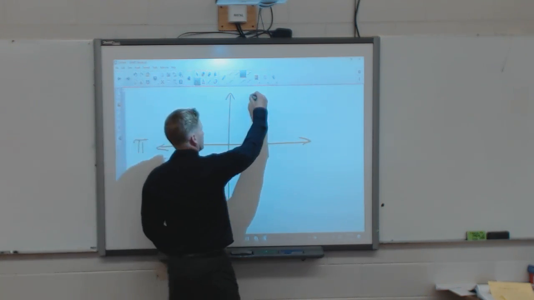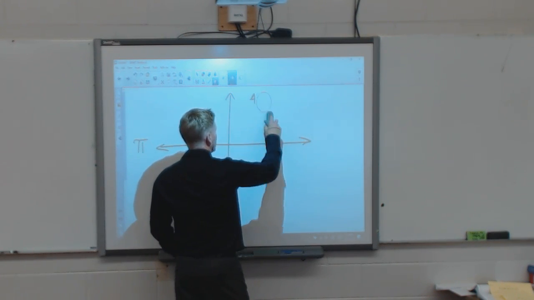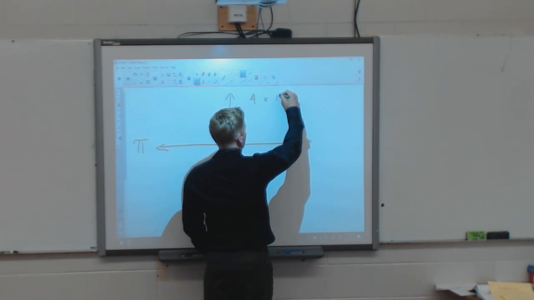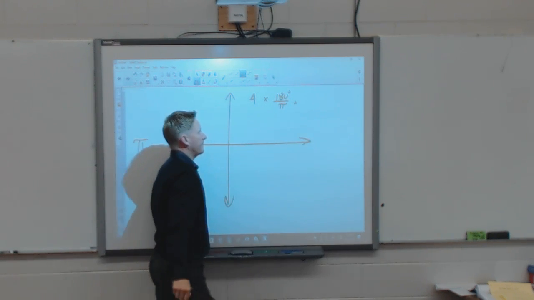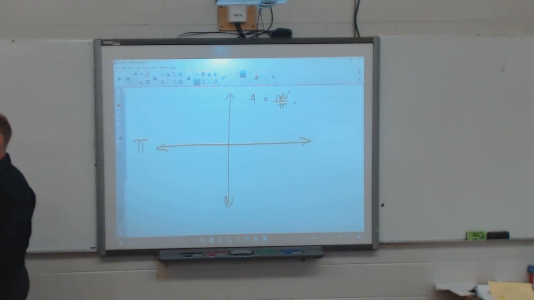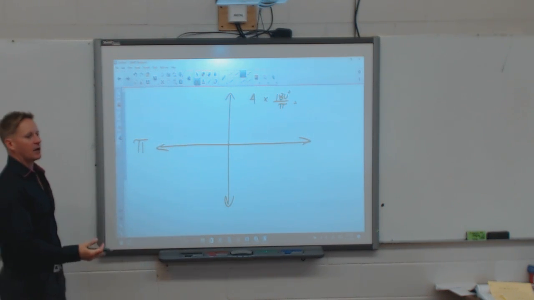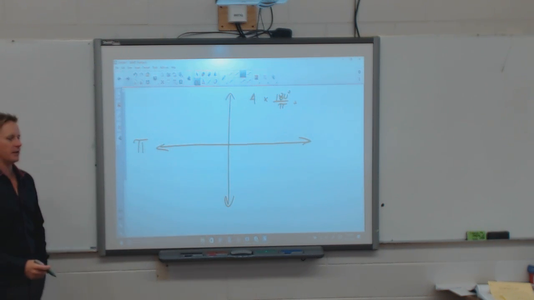Well, let's find out. Let's change that again to degrees. So 4 radians is 180 degrees over pi. Now you can use your calculator. Now you can find out the value of it. It's not going to be an exact value. You need to now punch it into your calculator.